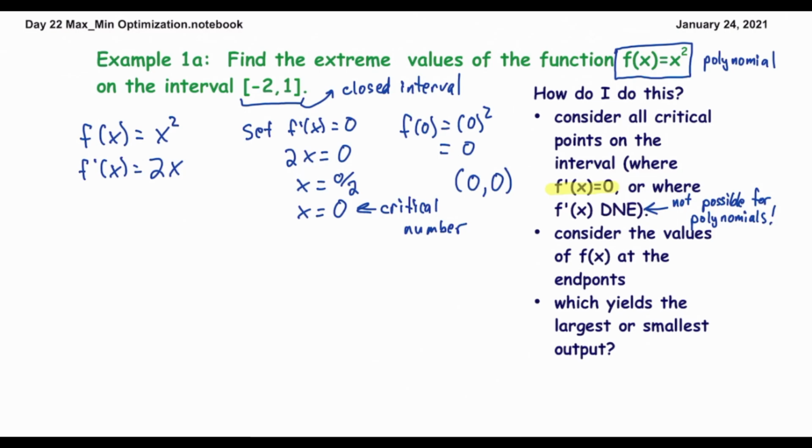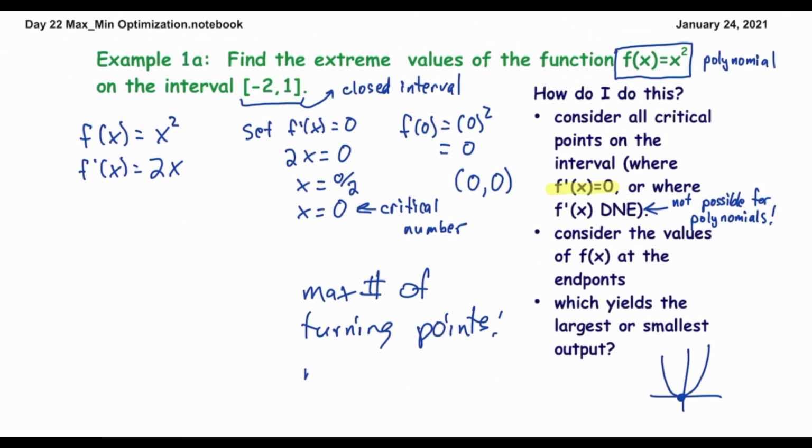I know it's a polynomial. I know it's a quadratic, or parabola. I could draw a quick sketch. I don't strictly need to, and I kind of want to avoid that for now. I want us to just do it mathematically. We know that it's only going to have one turning point, or as we've discussed in previous videos, the max number of turning points is going to be n minus 1, where n is the degree of the function.